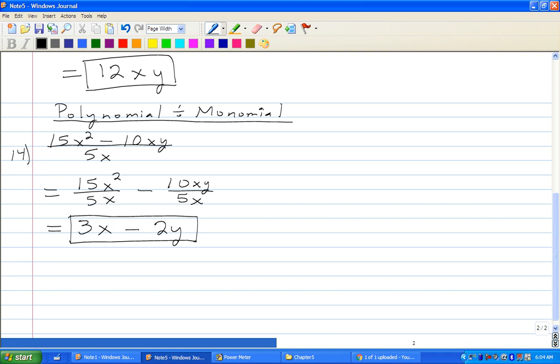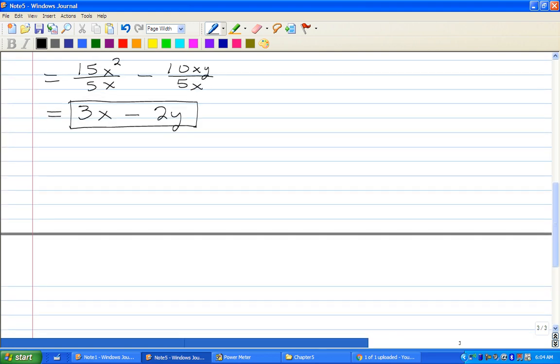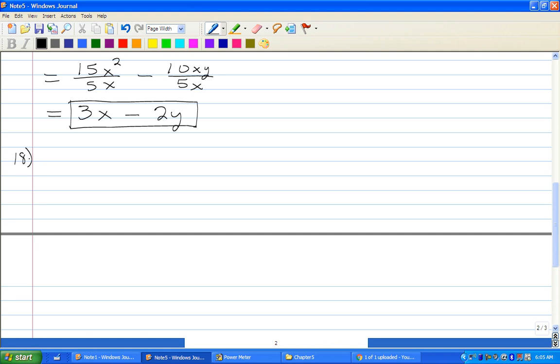Oh boy. Let me do problem number 18. 12ab cubed minus 6a cubed b over negative 3ab.